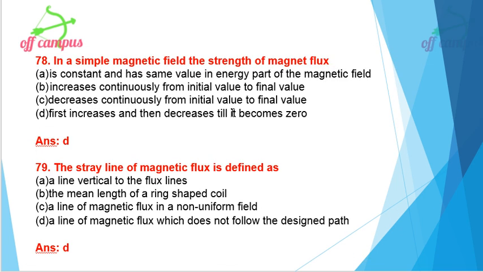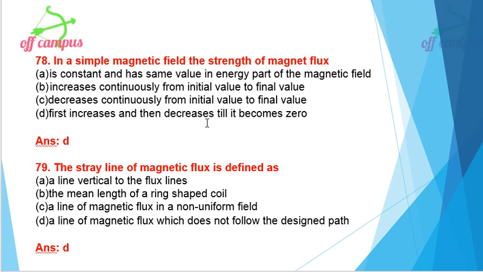Then question number 78. In a simple magnetic field, how will the strength of magnetic flux be? It is constant and has the same value in every part of the magnetic field, it increases continuously from initial to final value, it decreases continuously from initial to final value, or it first increases and then decreases till it becomes 0.